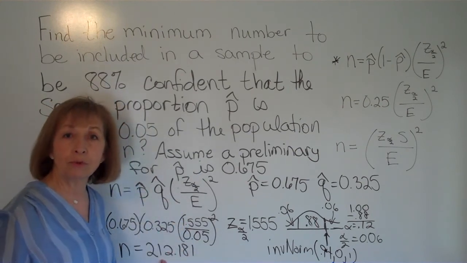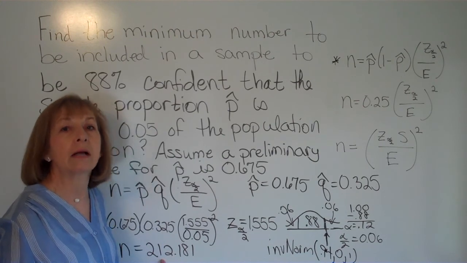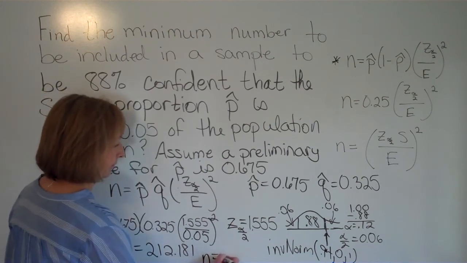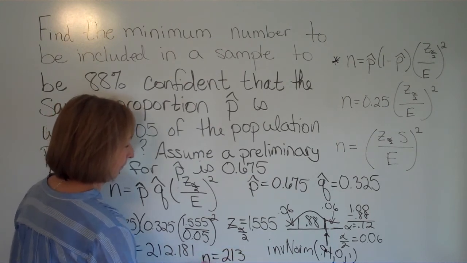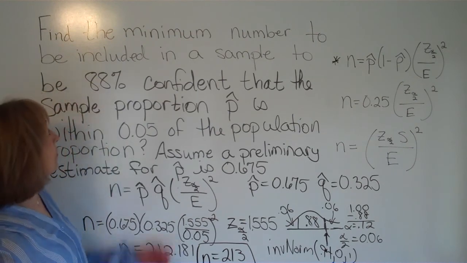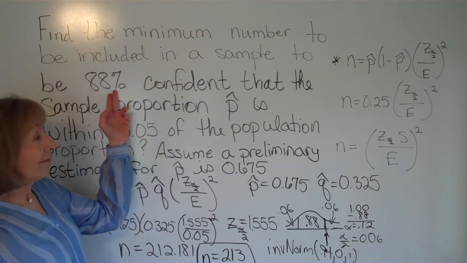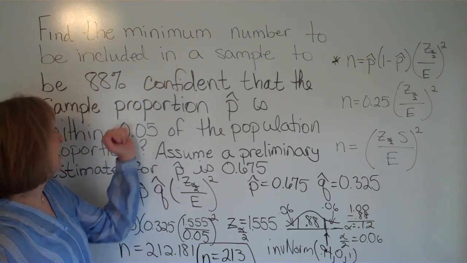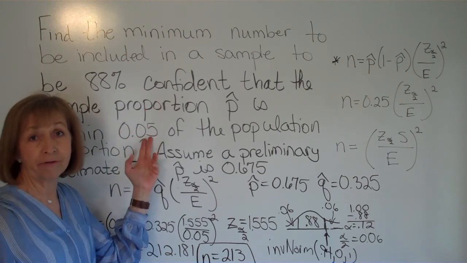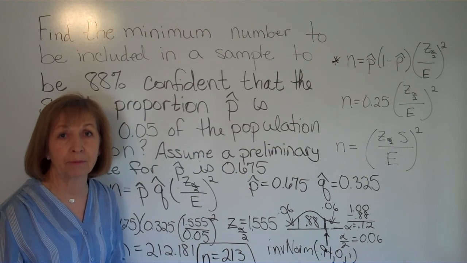So with this 212.181, round up, and it's 213. So that's the number that you need to sample so that you are 88% confident that your sample proportion p hat is within 0.05 of the population proportion p.